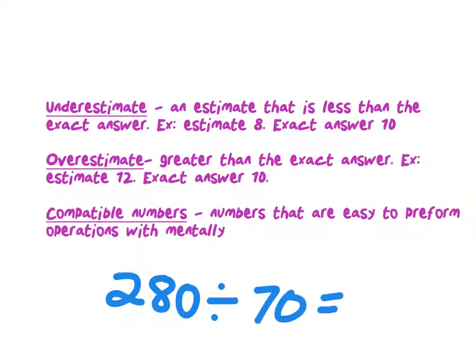And the reason why this is easy to do in your head, even though you might not think it is, is because you just take off the zeros. 7 and 28. And 28 divided by 7 is, you know it, 4. And then that's it. You're done.